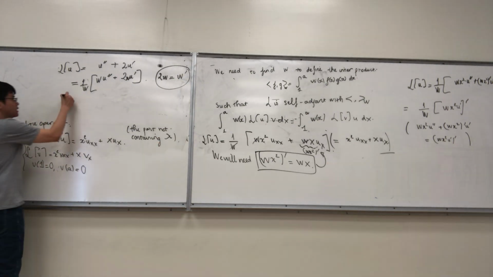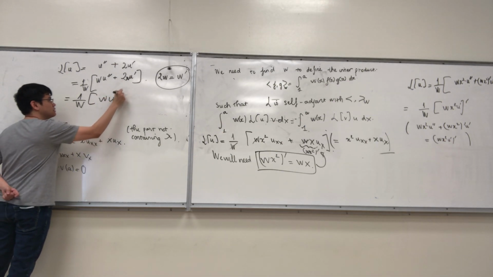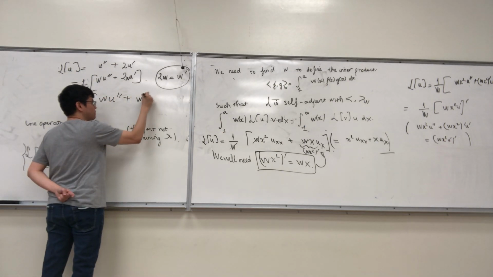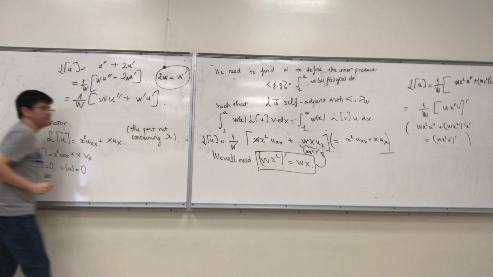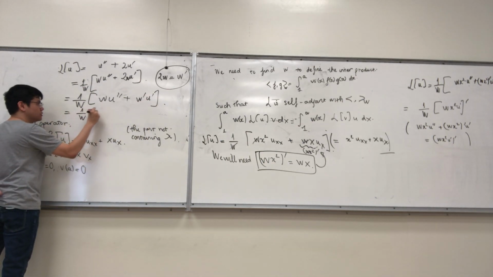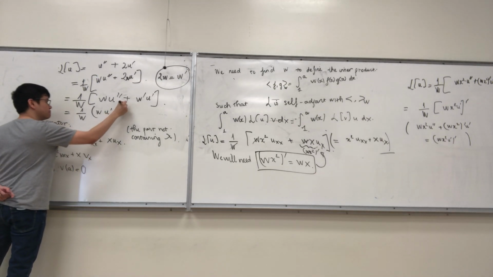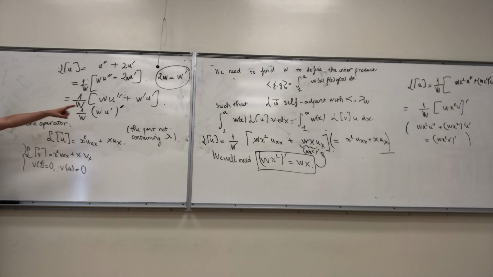Then you get 1 over W, W u second plus W prime u prime. And this gives you 1 over W, W prime u prime, prime. This is what we did in the previous class.